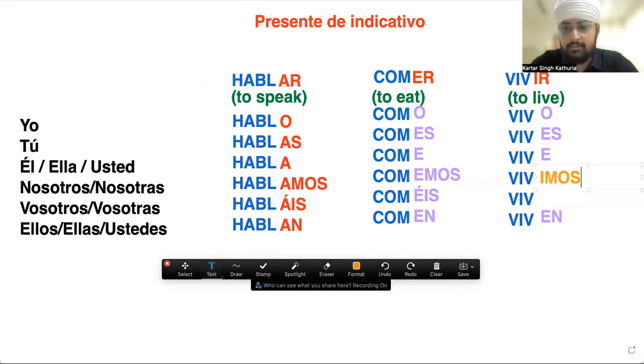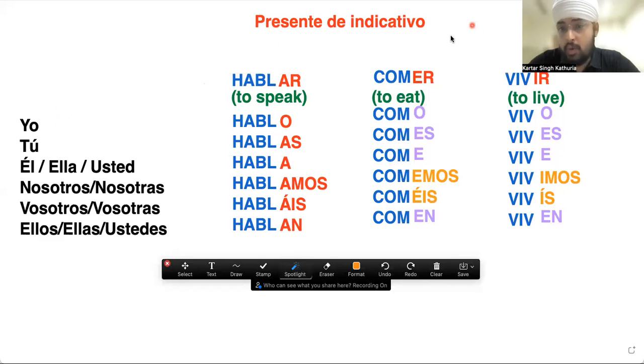It's an IR ending verb, imos. This is to indicate the difference. Comemos, coméis. Muy bien. So, vivir, to live.